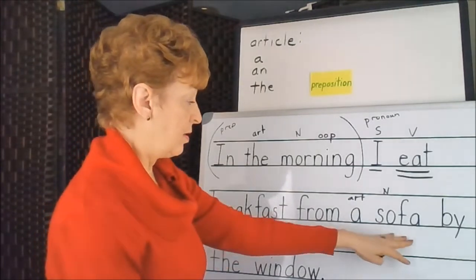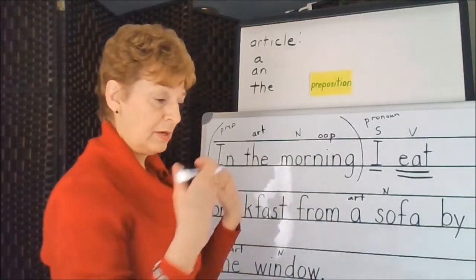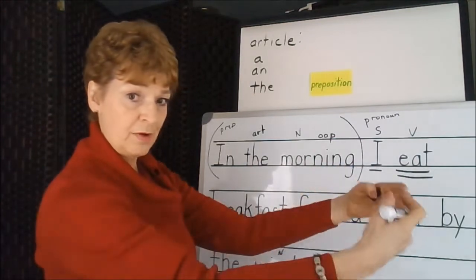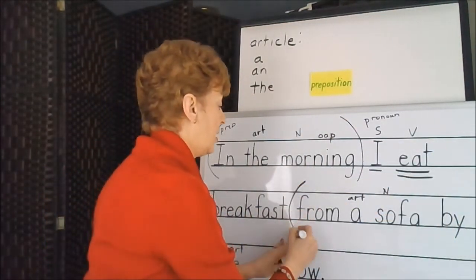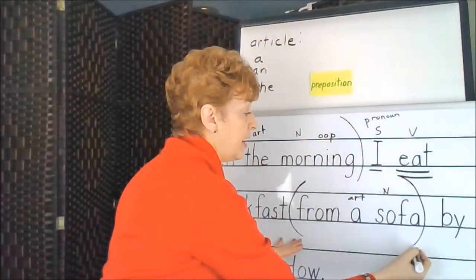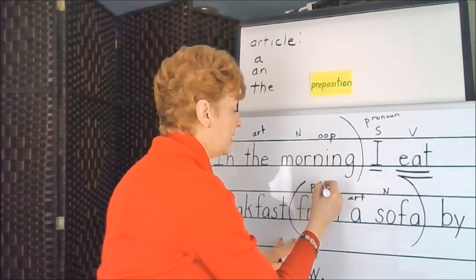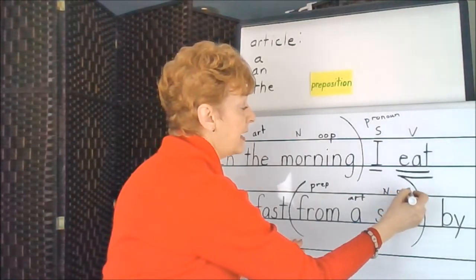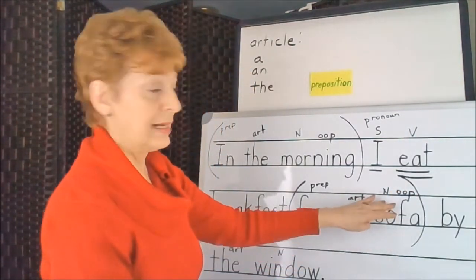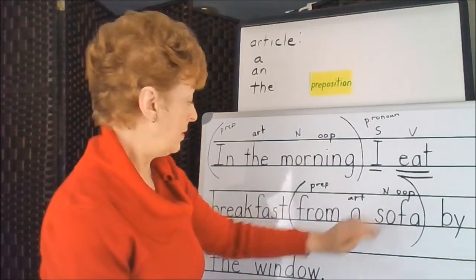From a sofa, here from, can you go to and from? That's a position, from here to there. So from is a position, and we've got another prepositional phrase. The sofa functions as an object of a preposition, but the part of speech is a noun.